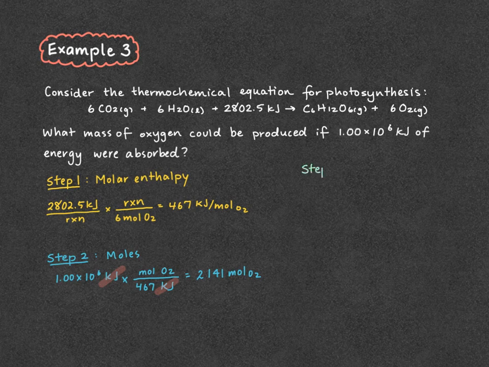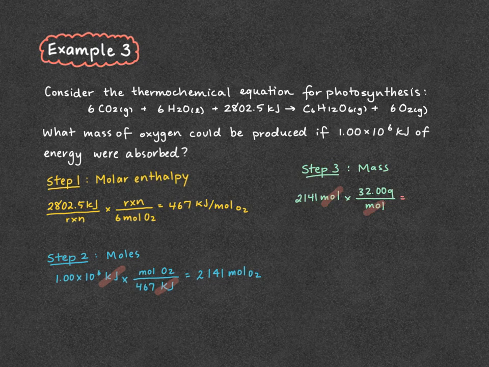Step 3 of this problem is going to be to solve for mass. I have moles of oxygen now, so to solve for mass I just need my molar mass. So 2,141 moles, and the molar mass, because oxygen is diatomic, is 32 grams per mole. Here, moles are going to cancel, and we're going to be left with grams.